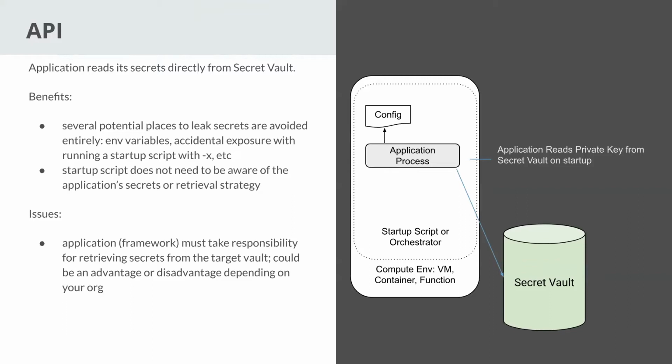So we may end up sacrificing some independence between teams. But there's plenty of things that do this. In particular, Spring Cloud has a library that will authenticate with many secret stores and pull parameters and secrets down.